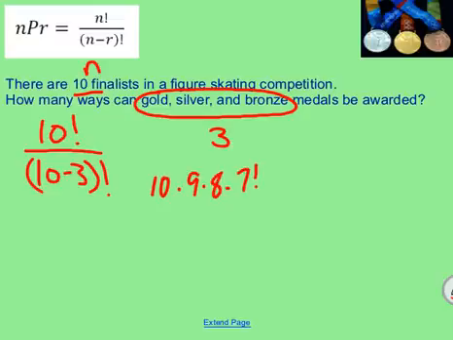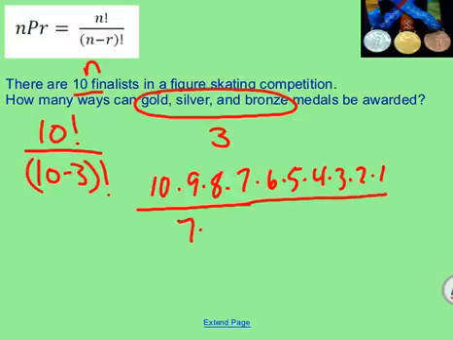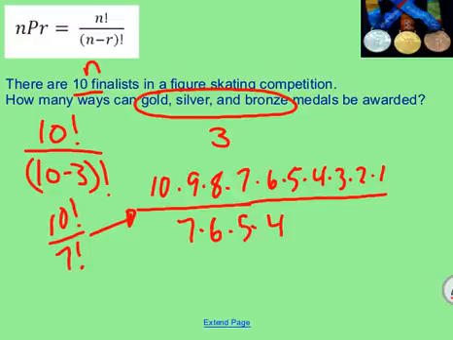times 7 factorial, because I know that it's just going to keep going on: 7, 6, 5, 4, 3, 2, 1. All right, I'll just write it. So times 6 times 5 times 4 times 3 times 2 times 1, all over 7 factorial. So notice what I did here: this is going to be 7 factorial, which leads to this one, times 5 times 4 times 3 times 2 times 1.